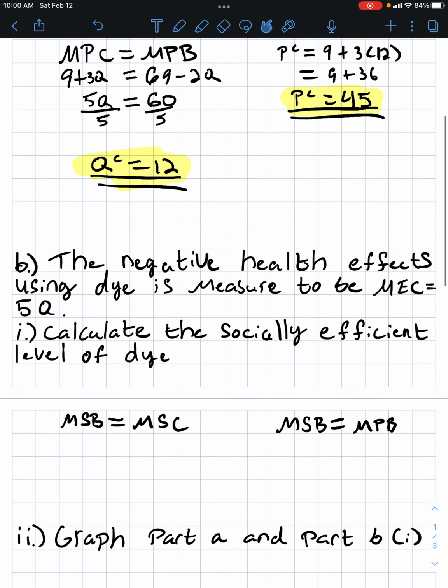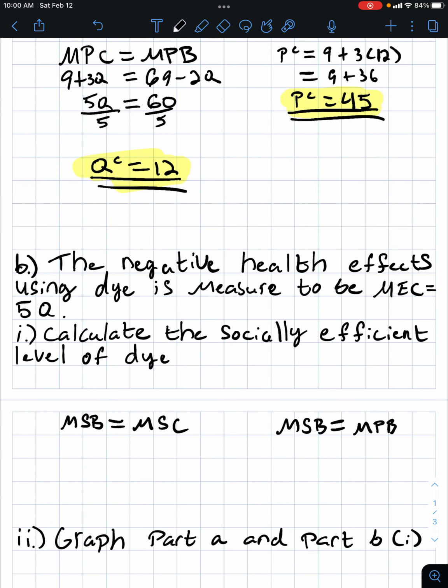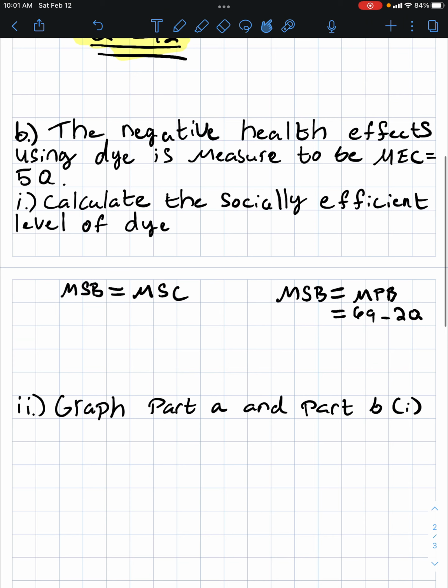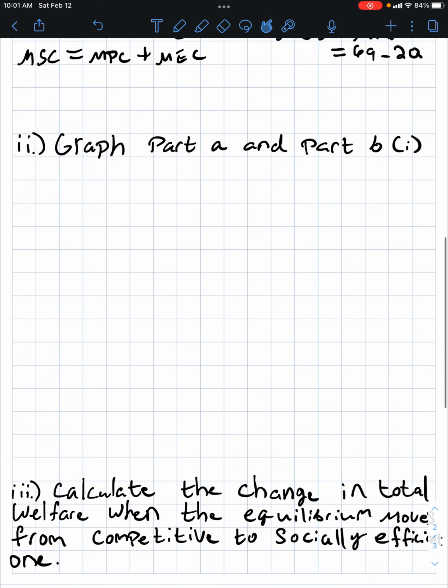And if we remember from above, our marginal private benefit was 69 minus 2Q, or our inverse demand. Our marginal social cost is going to be equal to our marginal private cost plus our marginal external cost.